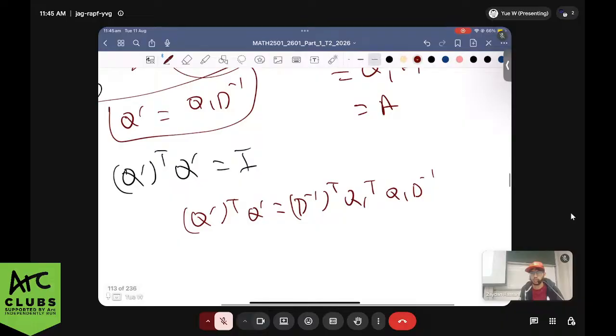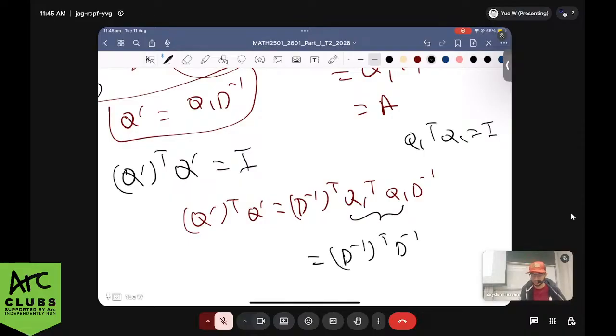Now, Q1 is from the QR factorization of A, so it has orthonormal columns. And therefore, Q1 transpose Q1 is the identity. So this just cancels out. We're left with D inverse transpose D inverse.